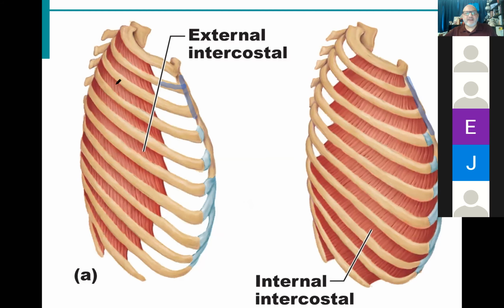And we see the fascicles here are coming down and in, whereas the fascicles here are going down and out. So again, when they separate them, it makes it really easy to tell which is which. We can't tell which is superficial and deep, but we have two other factors to tell which is which.